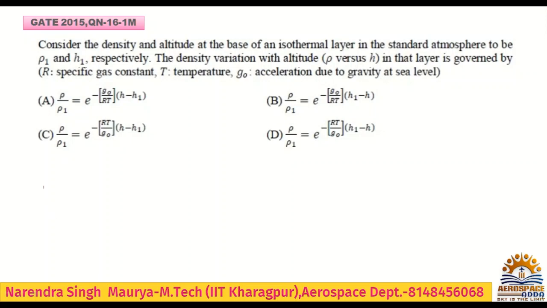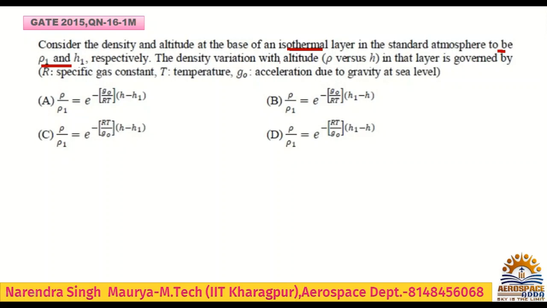Read it. Consider the density and altitude at the base of an isothermal layer in the standard atmosphere to be ρ1 and h1, respectively.